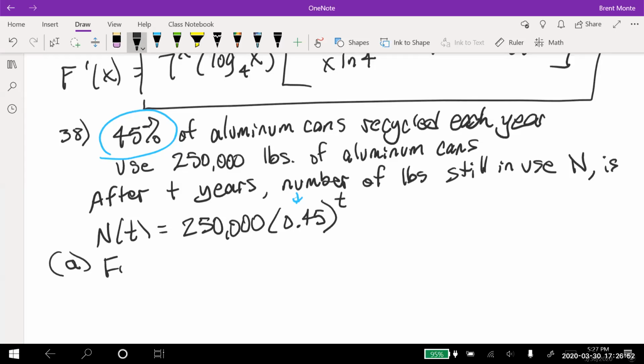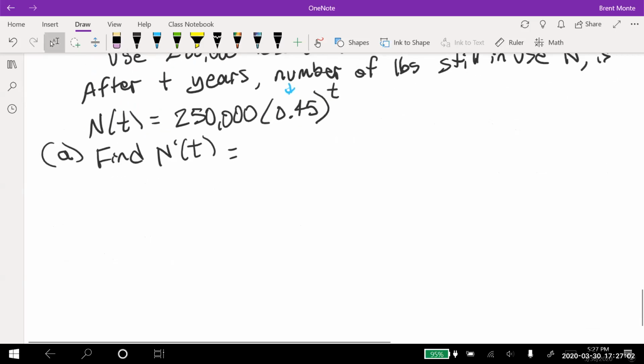So part A, find N prime of t. Well, that's going to be easy. I'm going to clean up that N because I just wanted it to look a little bit nicer. So what do we get? The 250,000, it's a constant multiple, so it stays. The exponential always stays.